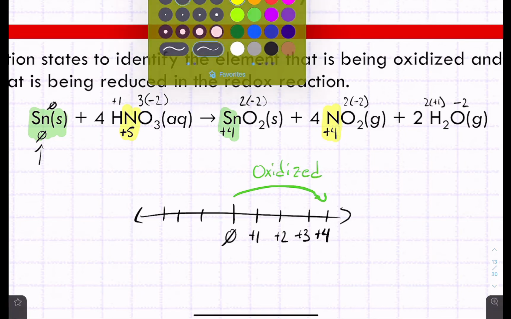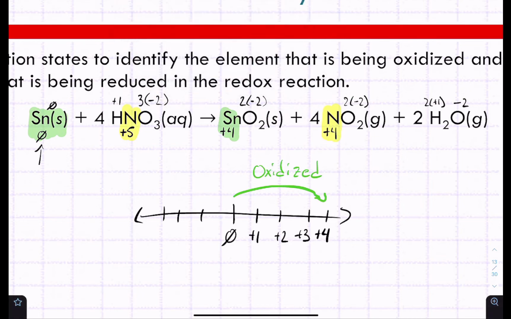And then for nitrogen, I should have gone to +5. Nitrogen is coming from +5 down to +4. So it's moving to the left on that number line. So that's being reduced.